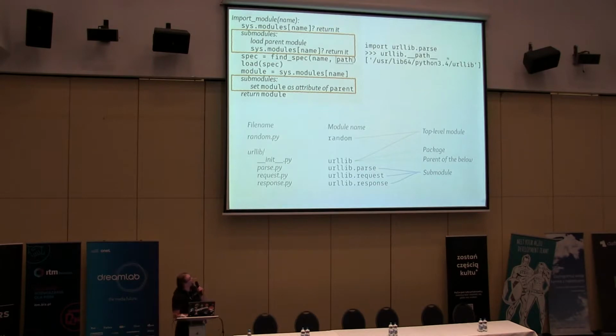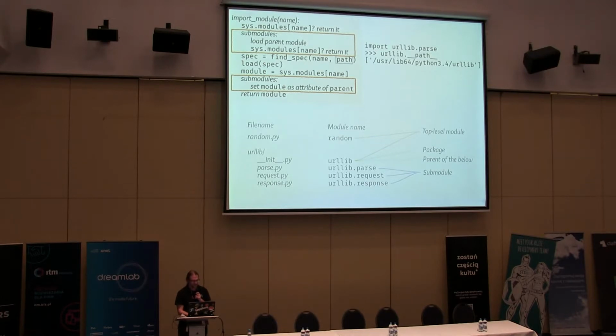And then what happens is there's some extra logic for submodules. First of all, when you're importing a submodule, the parent always gets loaded first. So there's no way to import urllib.request without first importing urllib itself.